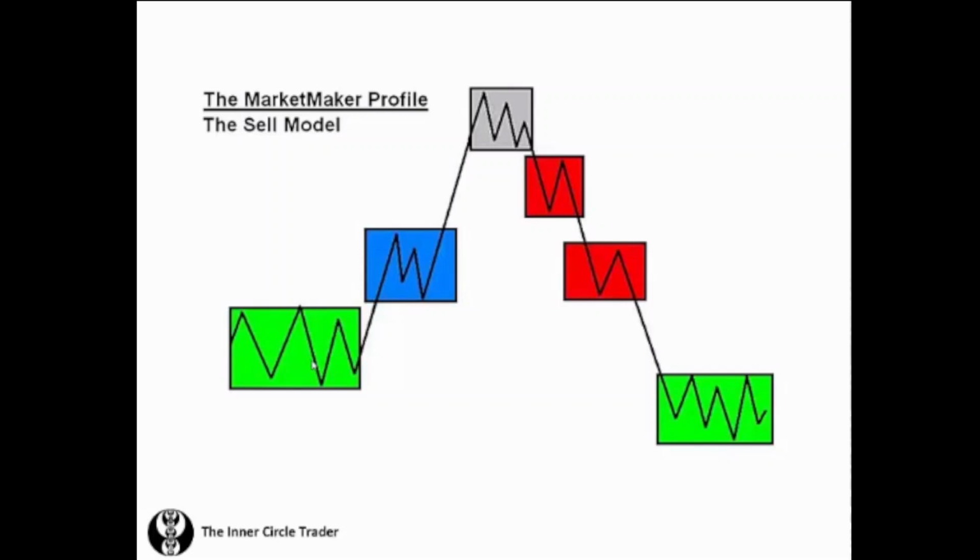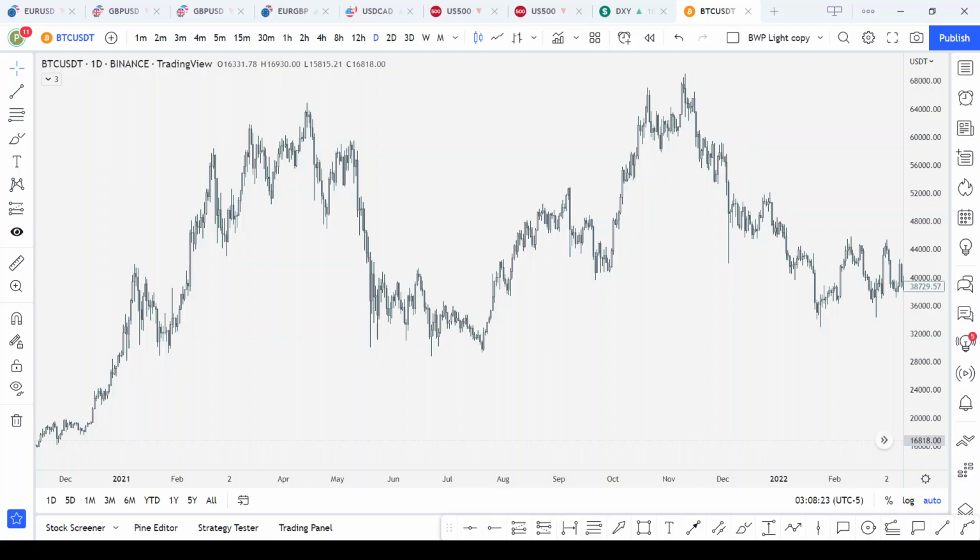It's really well detailed, and I would actually recommend you also go through it if you want to have a good understanding of the model. There it was explaining this whole buy and sell model. And when I looked at BTC charts on a daily time frame, I immediately knew that this is the model that is likely going to play out.